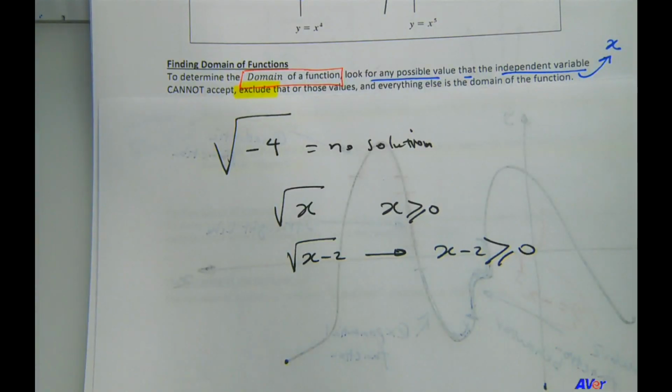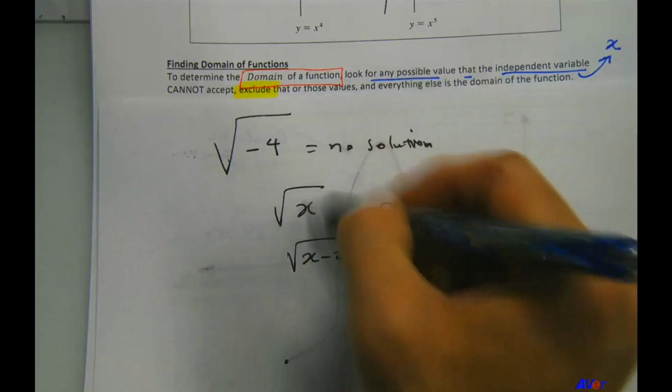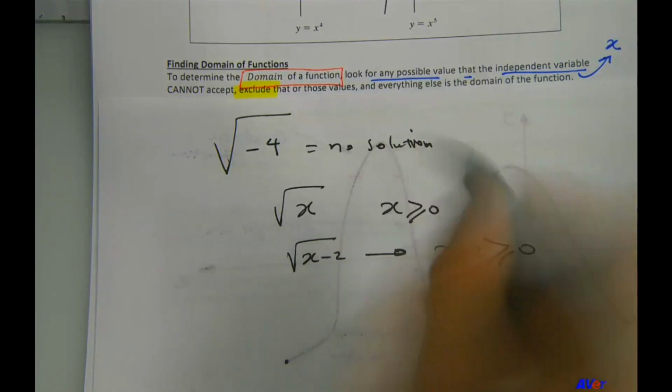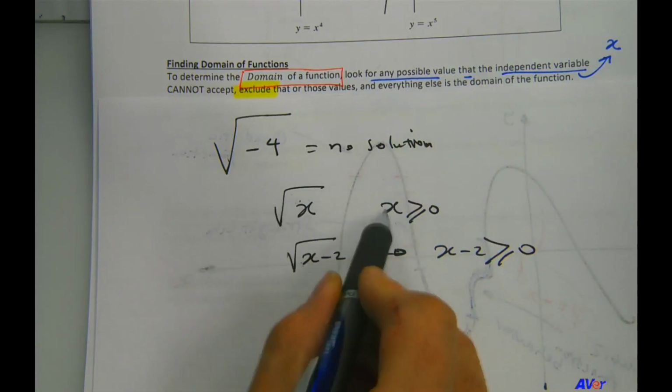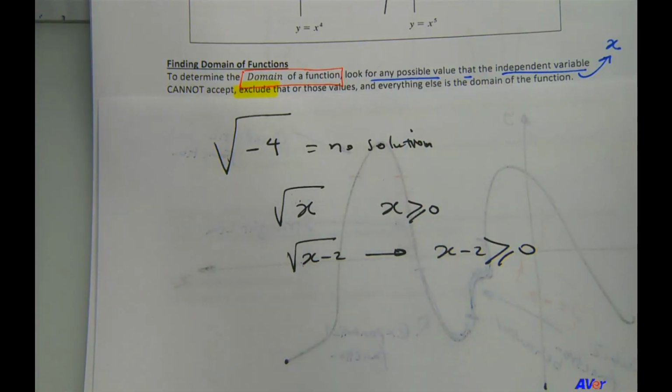Something positive, because we don't want to deal with complex numbers unless the topic that we're dealing with specifically asks us to accept and work with complex numbers. But until then, we don't care about complex numbers. So wherever you have a square root, you must make sure that the inside of that square root is greater than or equal to 0.